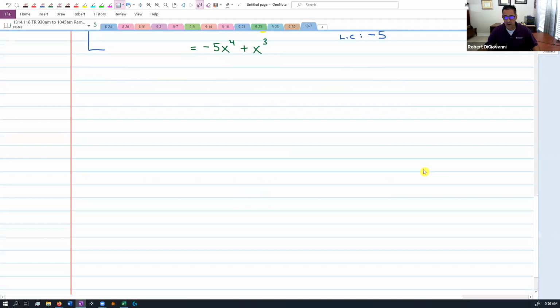So I'm going to put this down. It's going to be very important. You're probably going to want to copy this and put it on your reference cheat sheet for the next test. This is what's called the leading coefficient test. I'm going to refer to this as LCT from here on out, okay?